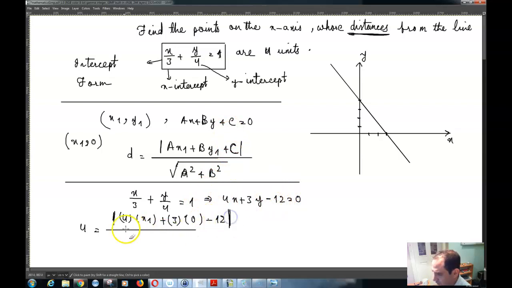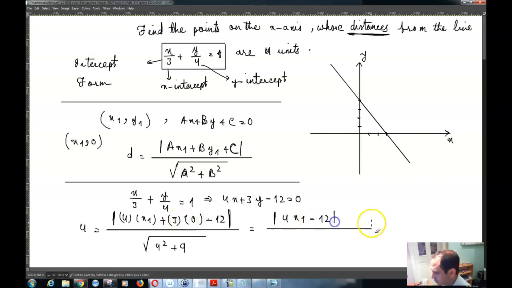The absolute value of this over the square root of a squared, which is 4 squared, plus b squared. B squared is 3 squared, which is equal to 9. So I can write this as the absolute value of 4x1, this is 0, minus 12, divided by 4 squared, which is 16, plus 9 is equal to 25.